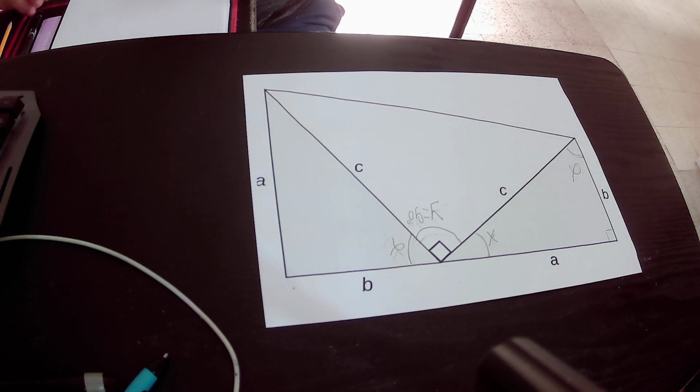Now we will calculate the area of this trapeze in two ways. So we will create two expressions, and then we will compare expression 1 to expression 2.